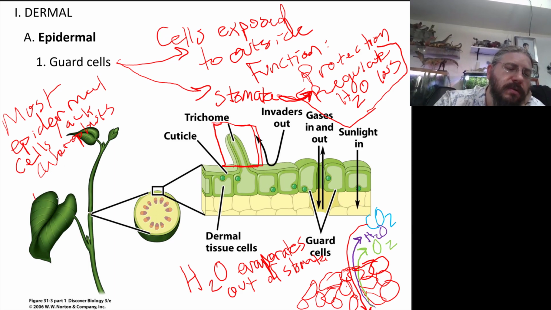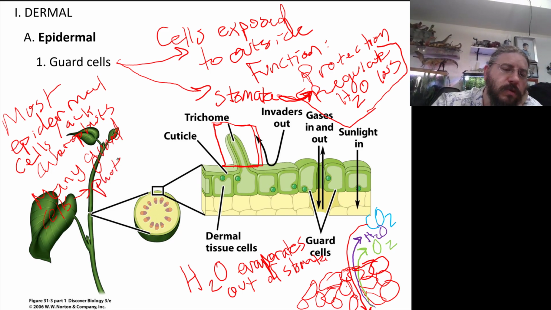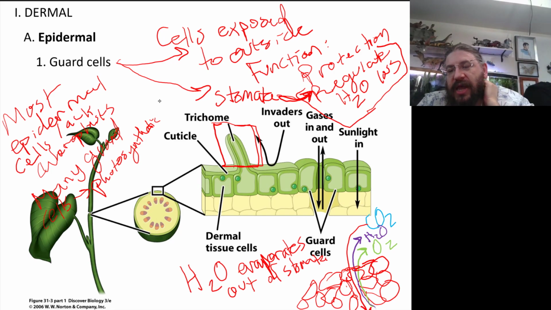Many guard cells, the outermost epidermal cells, are photosynthetic, which means, of course, that they have chloroplasts. So, most epidermal cells lack chloroplasts. Many guard cells are photosynthetic. So that's kind of cool. Guard cells are the cells around the stomata.